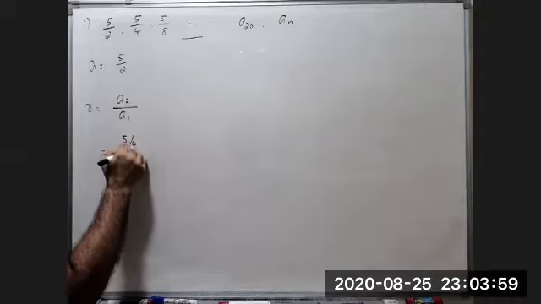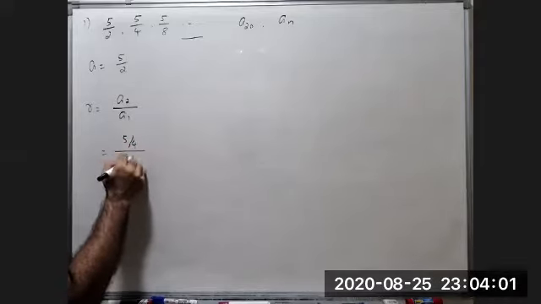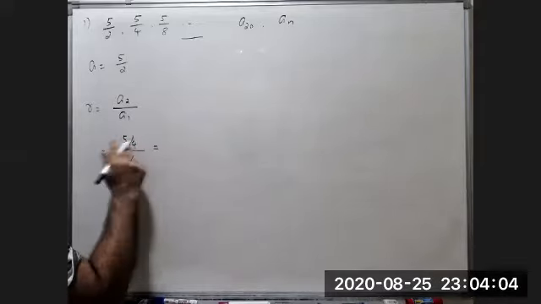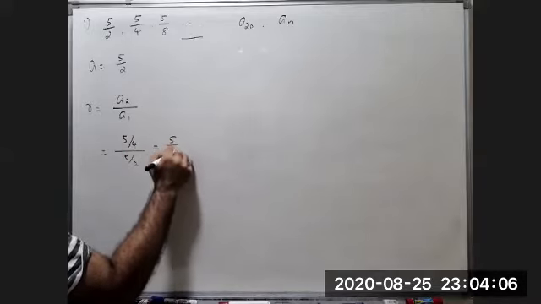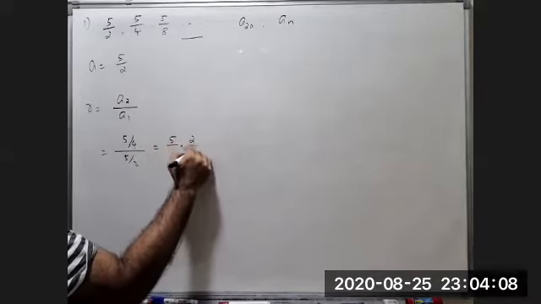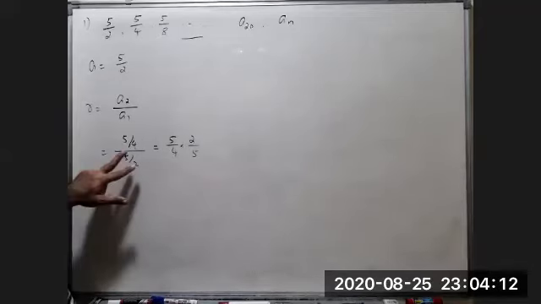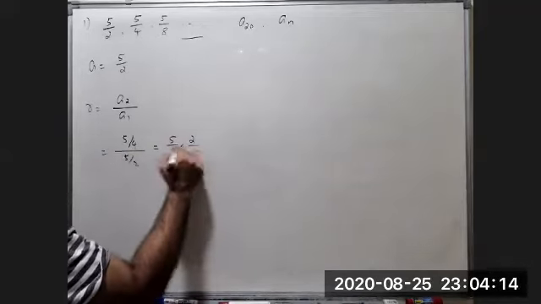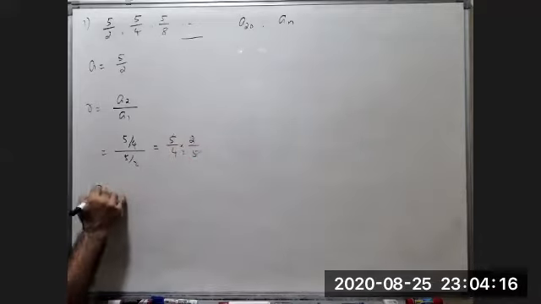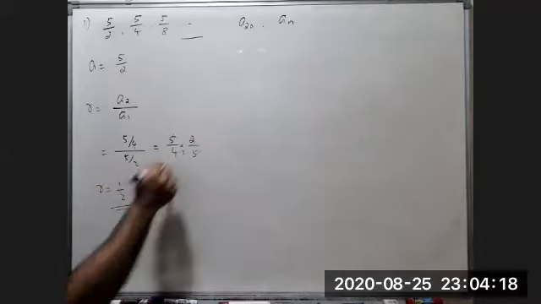A2 is 5 by 4 divided by 5 by 2. Division by a fraction means multiplication by the reciprocal. The 5 cancels, so we got R is equal to 1 by 2.